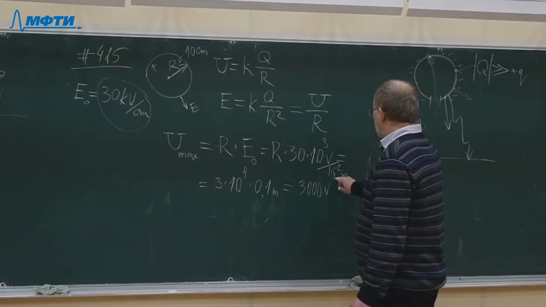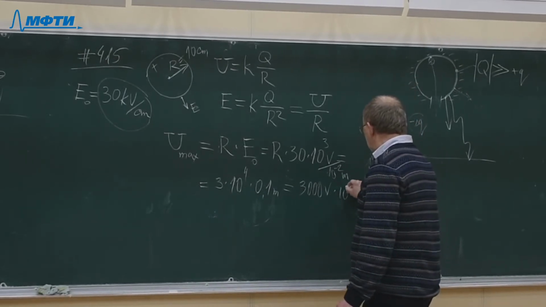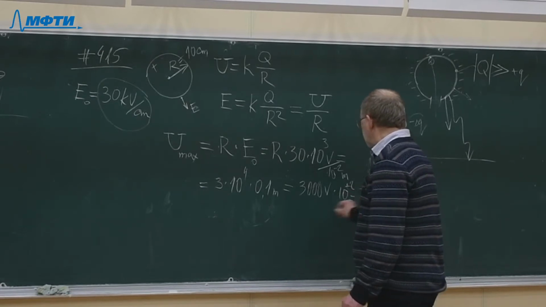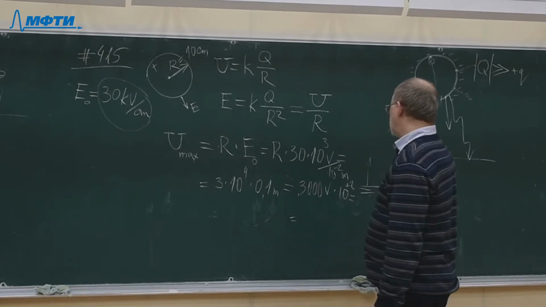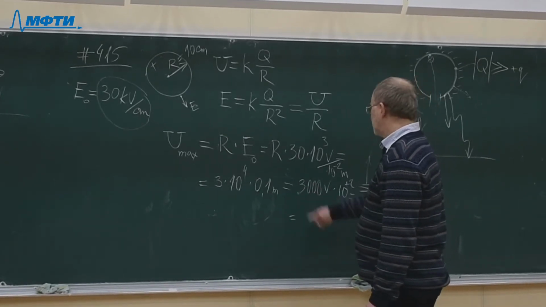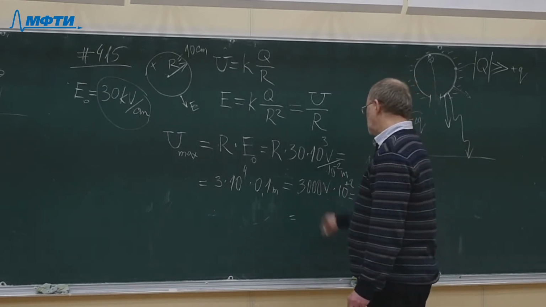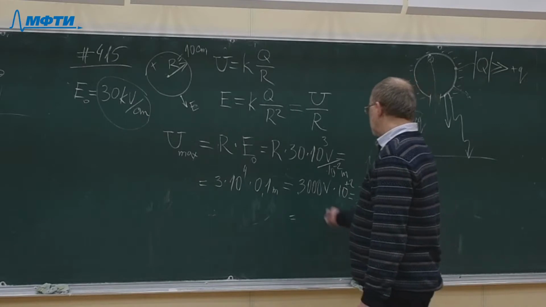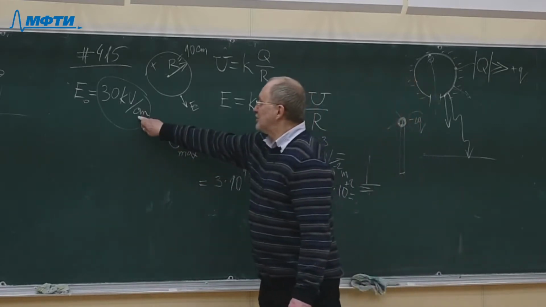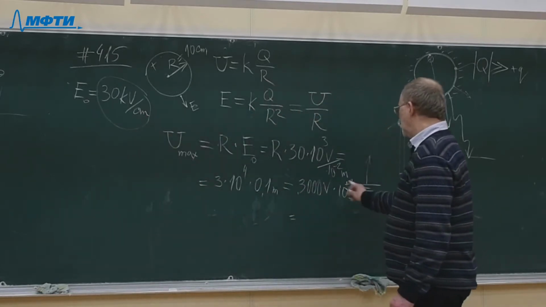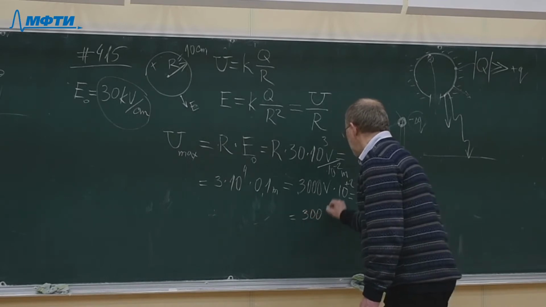And so 10 to the minus 2 in the denominator will give us 10 to the plus 2 in the numerator. And so the maximum possible potential will be 100 times more than what I obtained here. I was a little bit surprised that such a small potential was obtained in this problem. Actually, it will be 100 times more if we take into account that here we have centimeters rather than meters. And so the final answer will be 300 kilovolts.